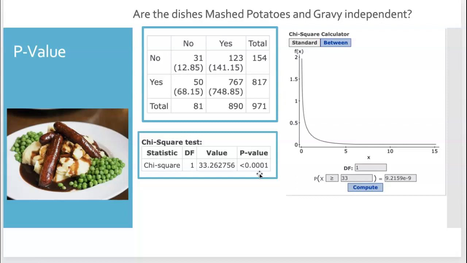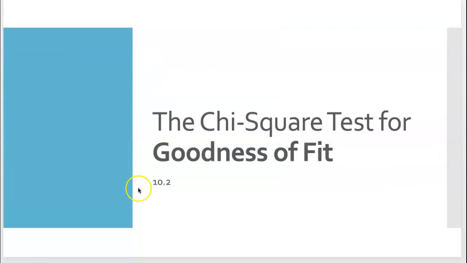In this case, we would reject the null hypothesis, say these variables are in fact not independent, and conclude that they are dependent somehow. Now how are they dependent? We have to dig in and find some conditional probabilities to uncover what this dependence looks like. But I would assume that if mashed potatoes are served, you're more likely to get gravy than by getting gravy by itself. But next time we're going to do an official hypothesis test for the goodness of fit.